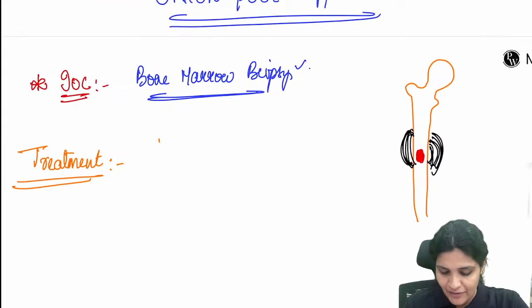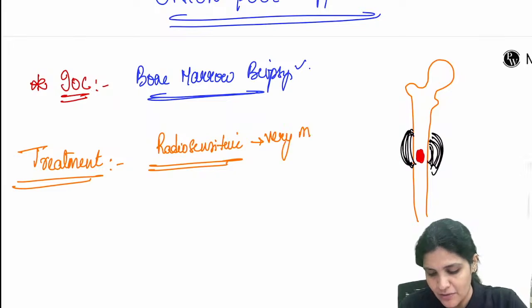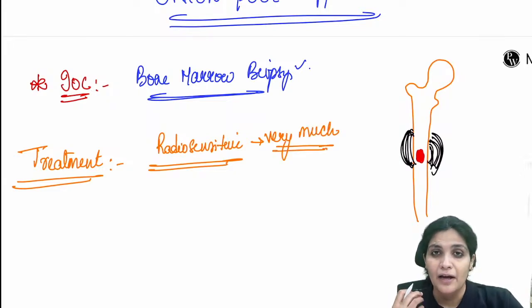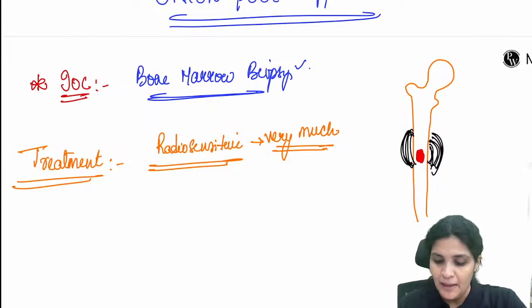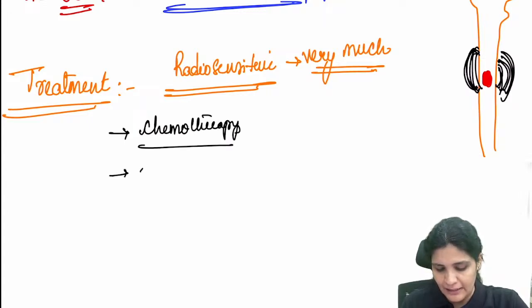Before that, Ewing's is radio sensitive. It is not just radio sensitive, it is very much radio sensitive. They usually say Ewing's melts like snow on radiotherapy. But usually we don't treat it with radiotherapy, we go for chemotherapy instead, right? And then go for surgery.